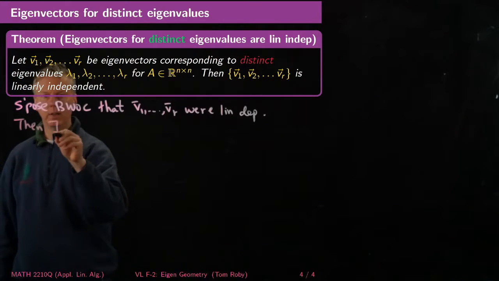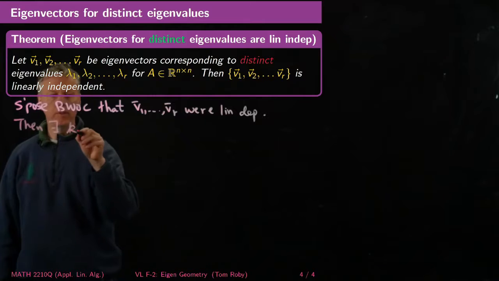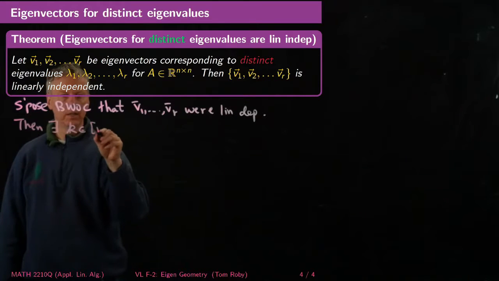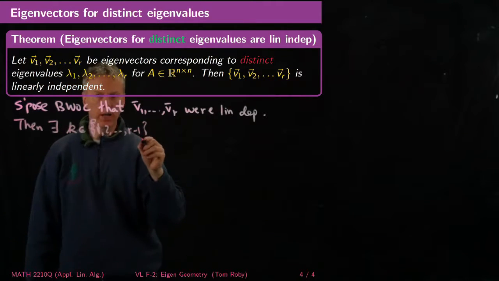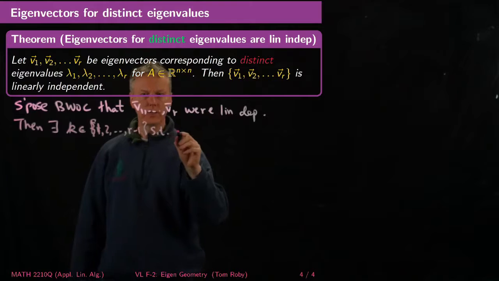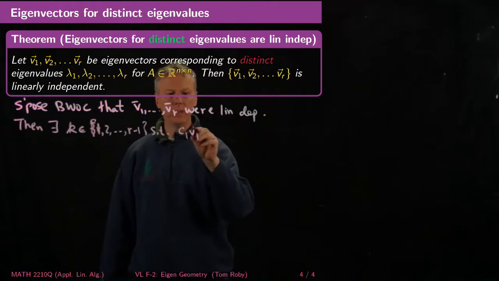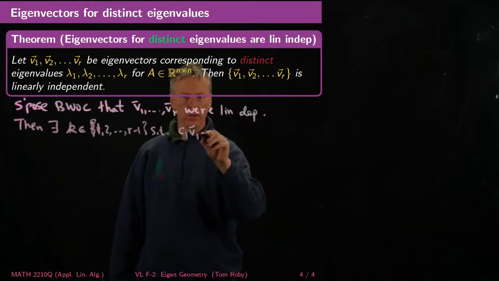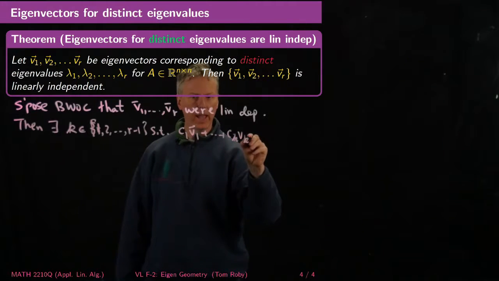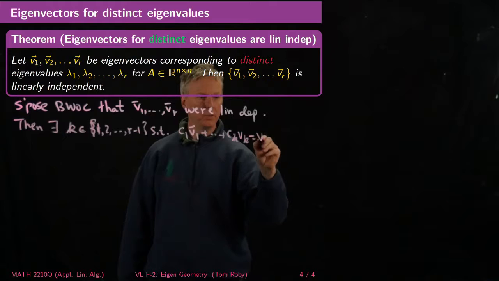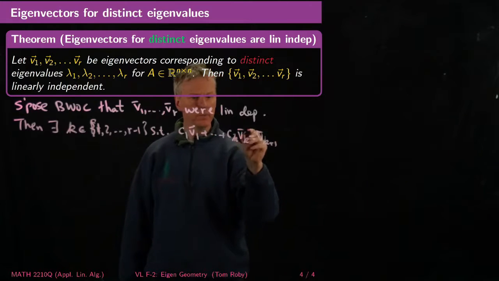So then there exists some value k in the set {1, 2, ..., r-1} such that c1 v1 + ... + ck vk = v(k+1).